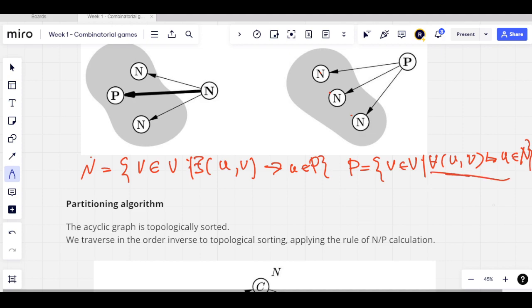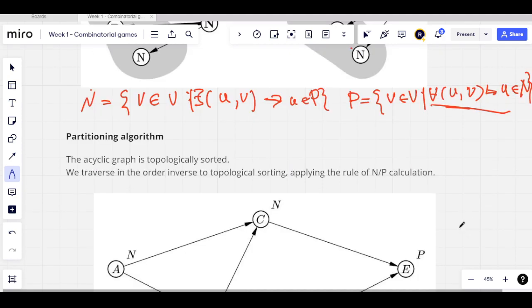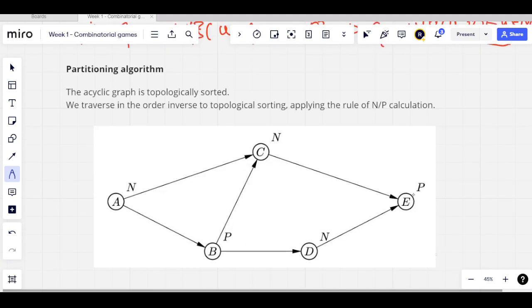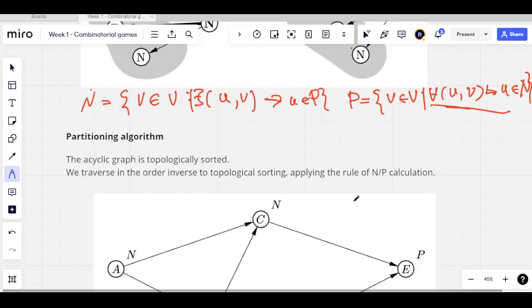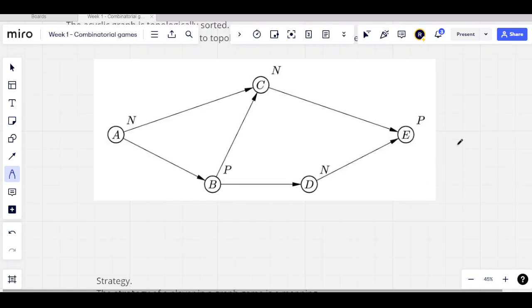For example, for this vertex we have no P vertices, which means we have to mark it like N, and we just make our iterations through reverse topological order and apply these two rules.